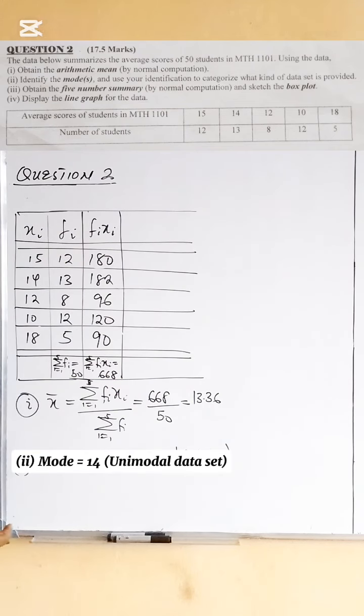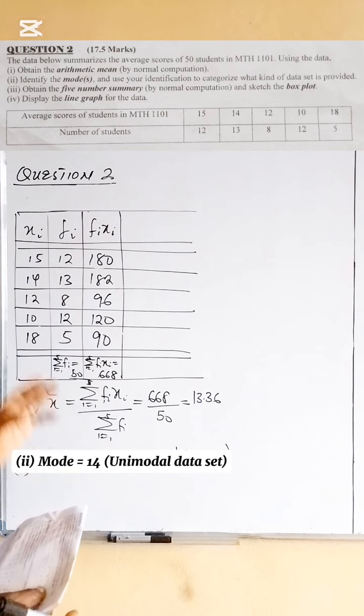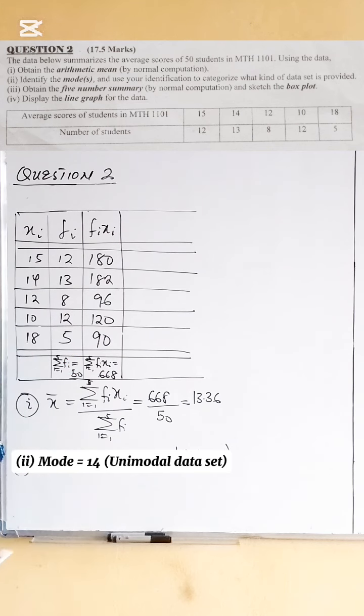Now let's move over to question 3. Question 3 says, obtain the 5-number summary by normal computation and sketch the box plot. Now, I told you something about the 5-number summary. It comprises the minimum. What is the minimum in our data set?